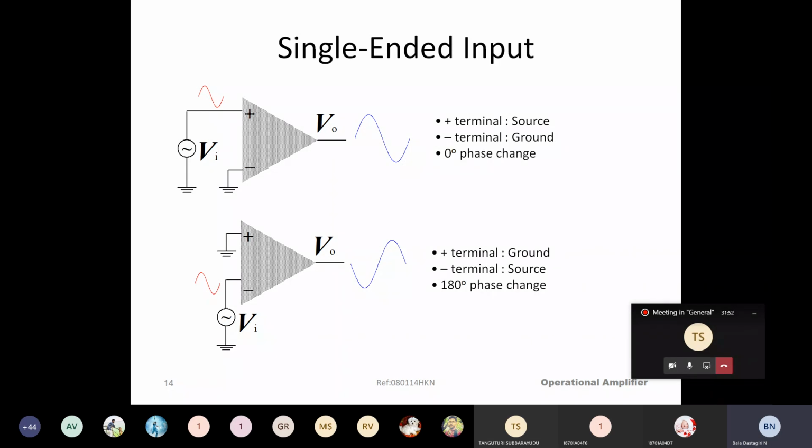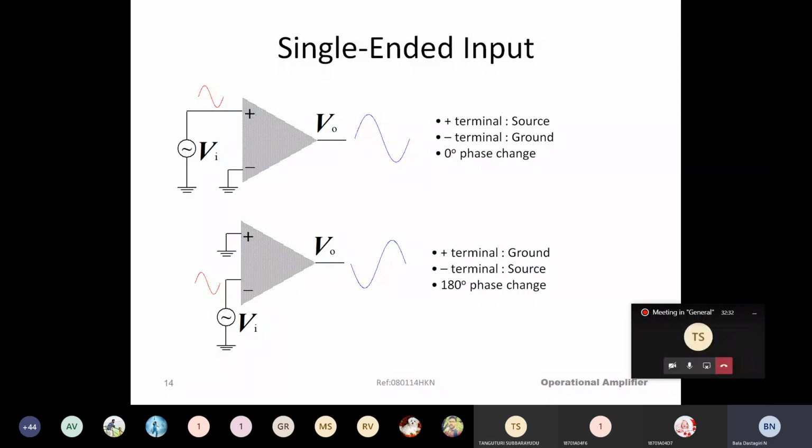Why? Because we have applied the input at the negative terminal, the inverting terminal, and grounded the positive, non-inverting terminal. Even though there is amplification, when you apply the input at the inverting or negative terminal, there will be a 180 degrees phase change. This we have to remember. Whenever we apply the input only at the positive or non-inverting terminal, the output is amplified with no phase change.